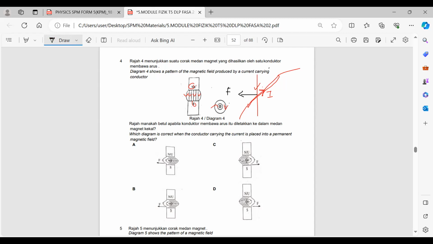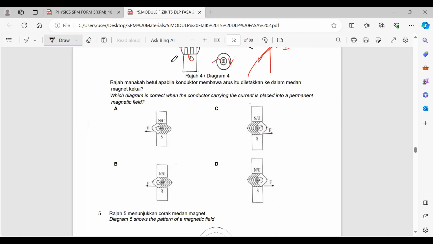This is the direction of the force. So which one will be the best answer? Now I make it bigger. I'm expecting the force to be to the left. So whichever is acting to the right is wrong.